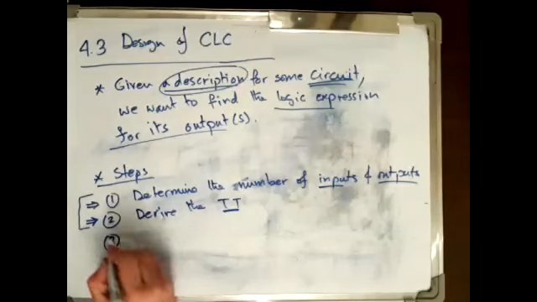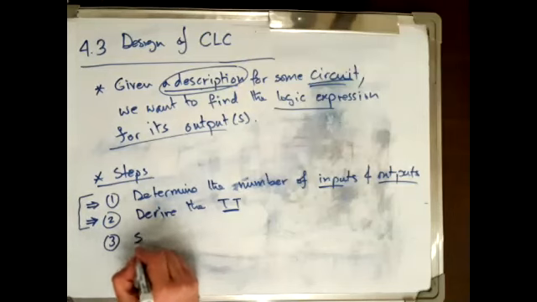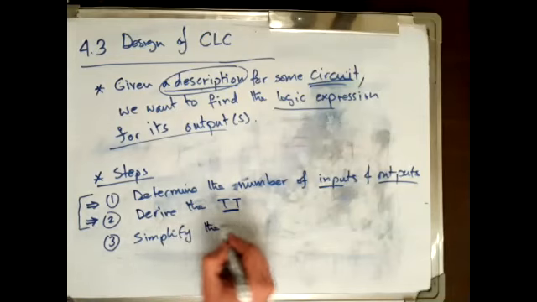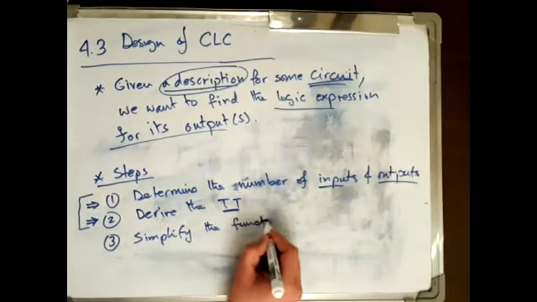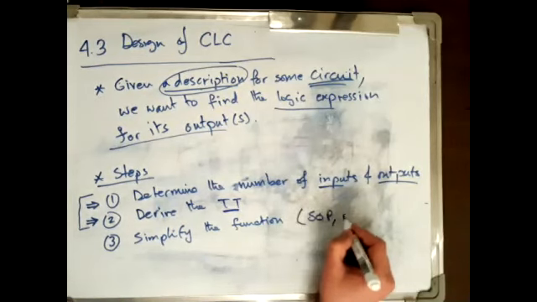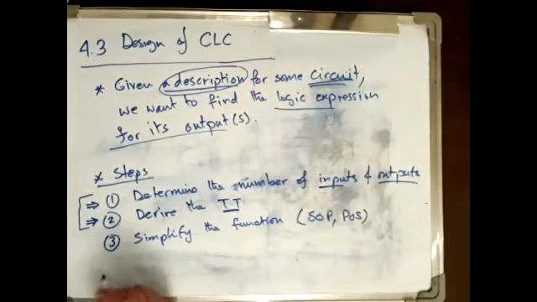So the next step is to simplify the function using the truth table. We can simplify as sum of products or product of sums.